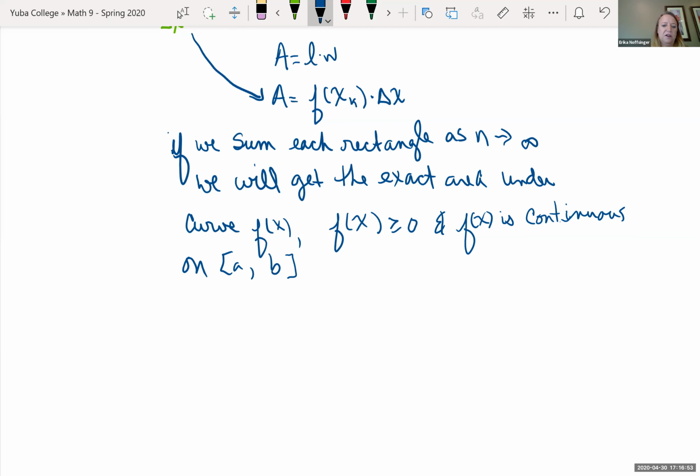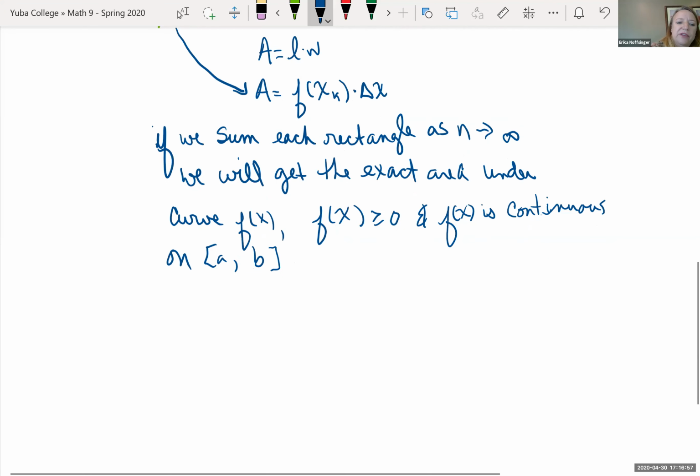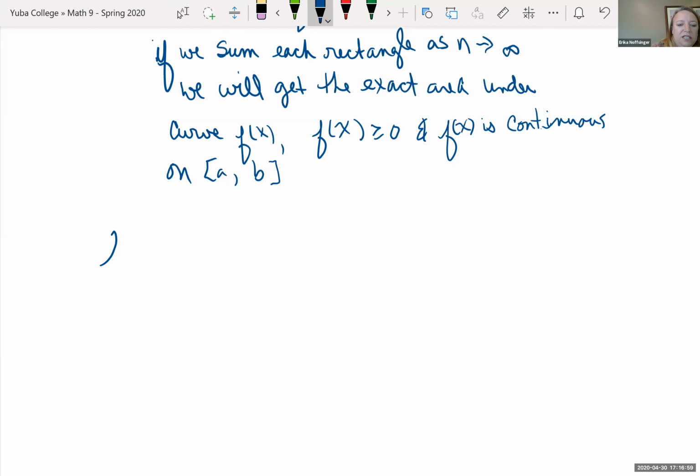Okay, so here we go. We can say if we look at the limit as n approaches infinity, so more and more rectangles, of this jagged kind of E, which is summation notation. That's telling us that you're summing all these terms.